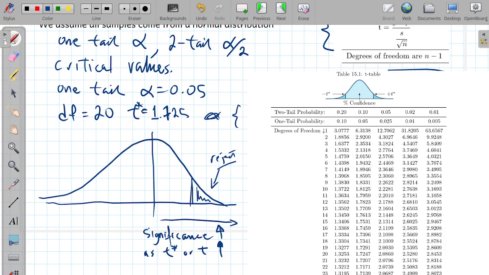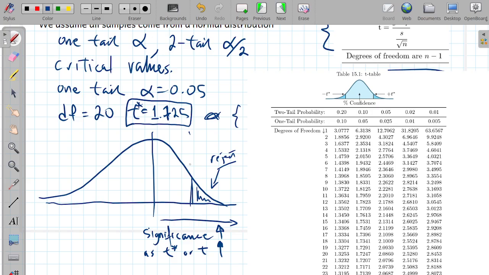So the point I'm getting at is, for me to reject at the 5% level of significance using critical values, the corresponding test statistic is 1.725. I will reject the null hypothesis if my obtained test statistic t is greater than or equal to this value.